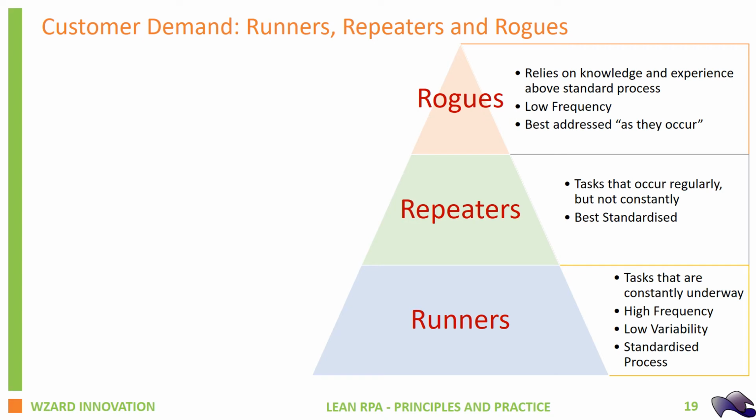A great analogy used when describing the difference between runners, repeaters and rogues is perhaps a checkout at a supermarket. All of your goods are on the conveyor belt, and the checkout person is there scanning them. And then suddenly one of the items doesn't scan.